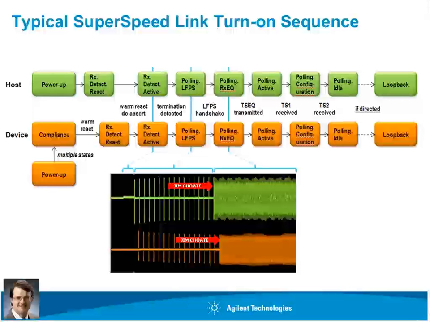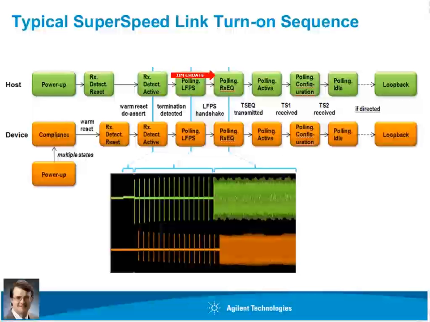And you can see up here we go RX detect, where they detect the low impedance of the receiver, polling.lfps, which is the bursty pattern I just described, the RX equalization polling pattern, or TSEQ, which is shown here.